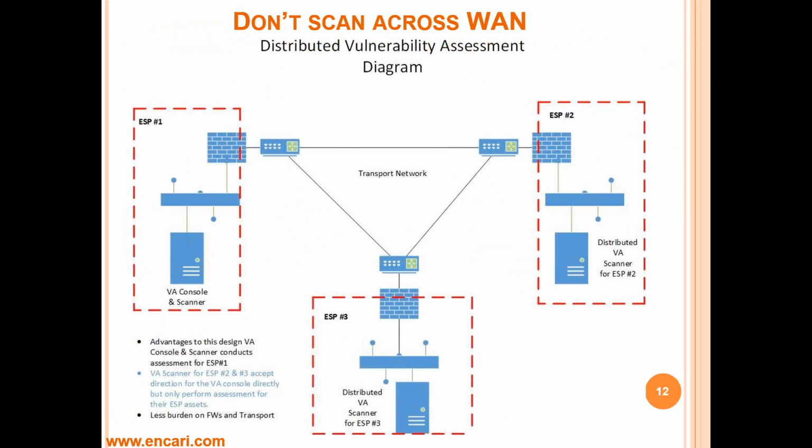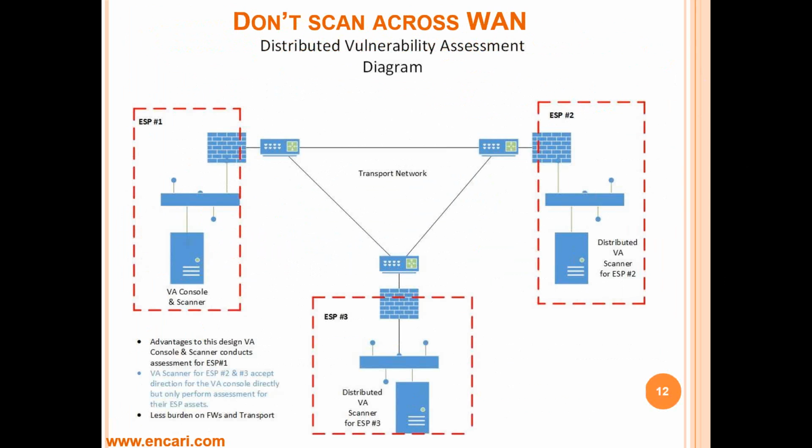So when we're looking at the distributed vulnerability assessment in this diagram, typically you want to deploy a vulnerability scanner to each ESP. That way you're localizing the assessments per scanner per ESP. And then typically you would have a console that would talk to each of those scanners.